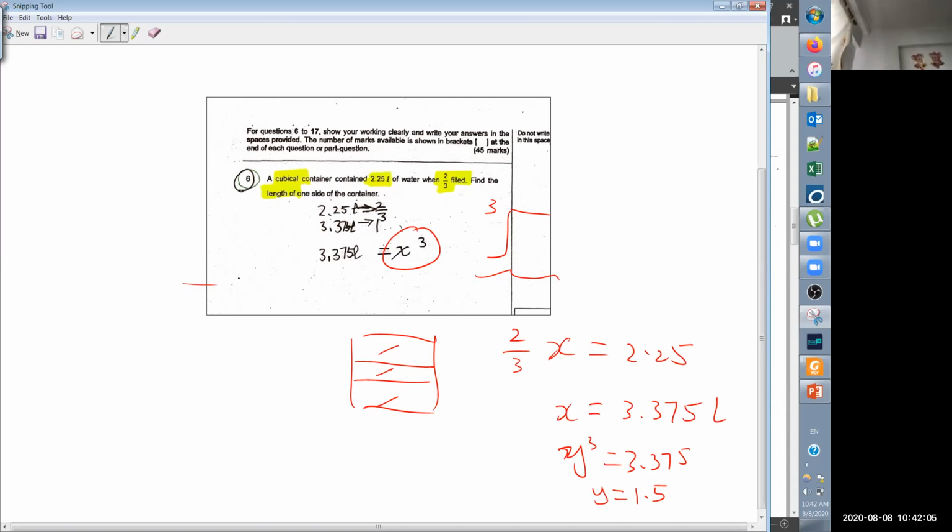That means this x is 1.5 cm. No, it's not cm. You know why? 因为它是 litre. Yes.